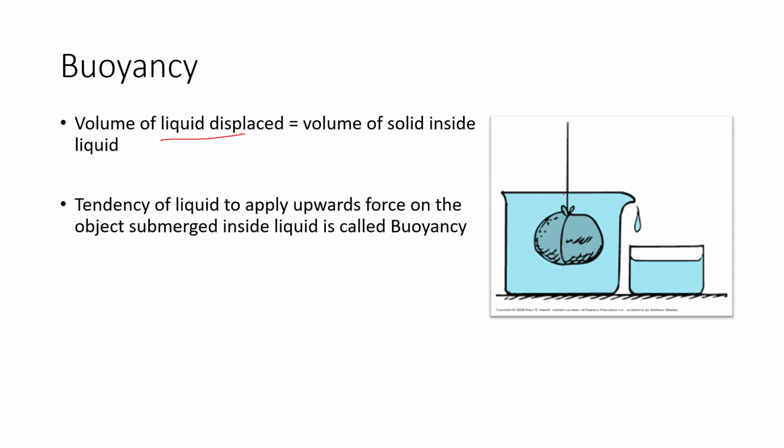Let's say you had a container which is filled with water up to the brim and there was no rock inside it. Now you bring a rock and insert that rock inside the water like this, and some of the water will flow out, correct? This volume of water which is coming out is equal to the displaced water.